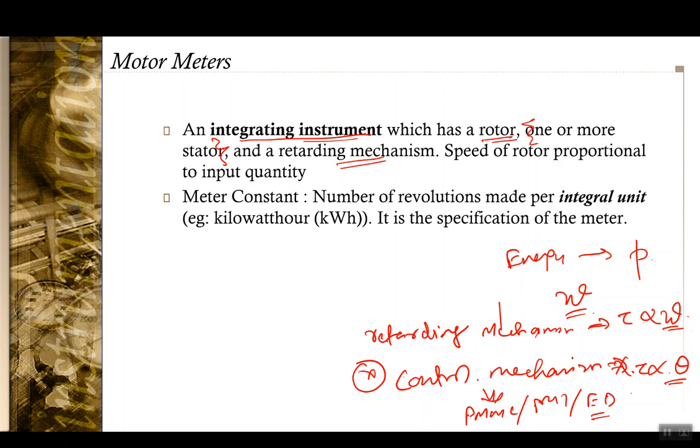You had a control spring, and that was giving a torque that was proportional to theta. In the integrating motor meters, you don't have such a control mechanism, you have a retarding mechanism only.